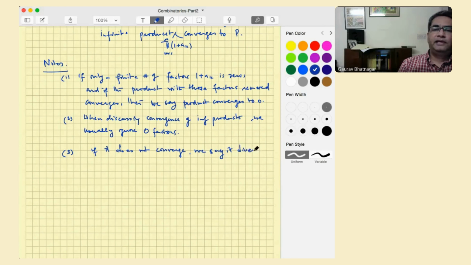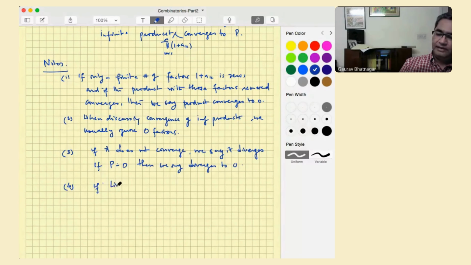This is no big surprise, right? And if P happens to be 0, so we're saying if it converges but converges to 0, then we say it diverges to 0. Okay. And one necessary condition is if the limit of Pn is P and it's not 0, then the limit of An has to be 0. Why?